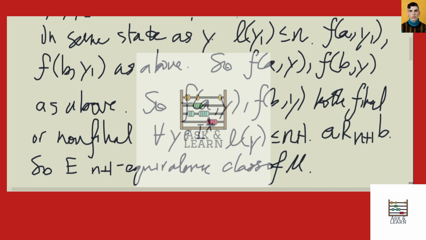So that was the first thing we needed to prove. The second thing we need to prove is that the set of n equivalence classes of M equals the set of star equivalence classes of M. So again, we have that M is a deterministic finite state machine with n states.